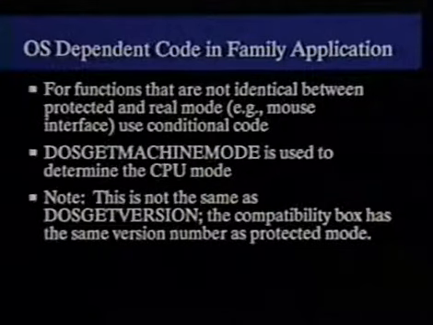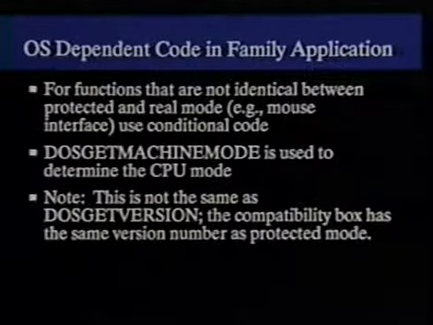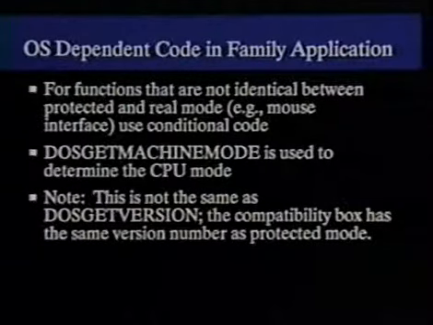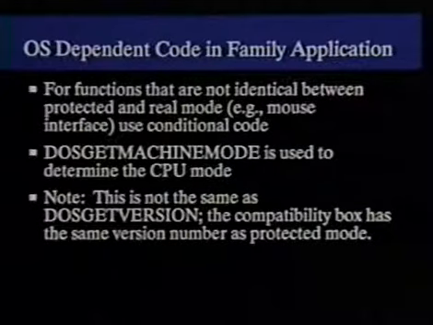So having described this core set that works in both real mode and protected mode in the Family API, I'm now going to describe what you do if you need to use some function that is not available in both modes. We have a call, DosGetMachineMode, which will return to you the current machine mode.